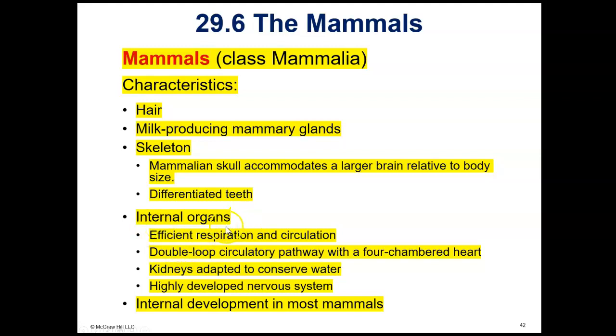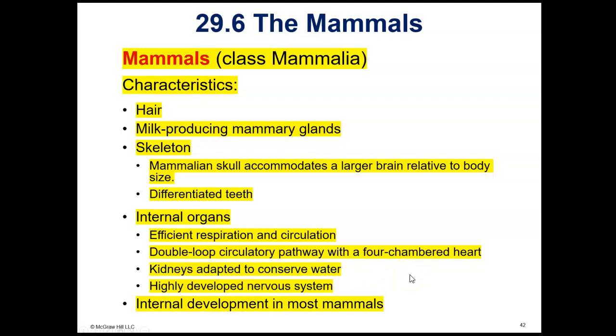The internal organs of mammals, they have efficient respiration and circulation. They have a 4-chambered heart and, of course, a double-loop circulatory pathway. One pathway goes to the lungs and the other goes to the body systems and the tissues. Their kidneys are adapted to conserve water, and they have a highly developed nervous system.